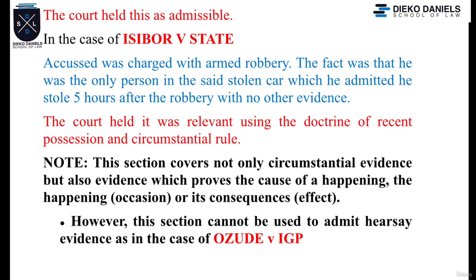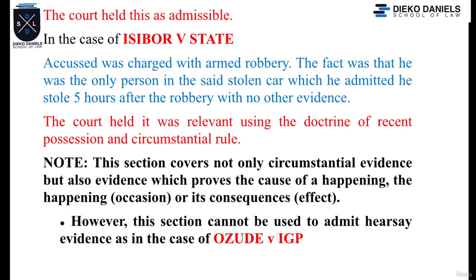Note that this section covers not only circumstantial evidence but also evidence which proves the cause of a thing, the happening, that is the occasion itself, and also its consequences, that is the effect. However, this section cannot be used to admit hearsay evidence, as in the case of OZUDE versus IGP.